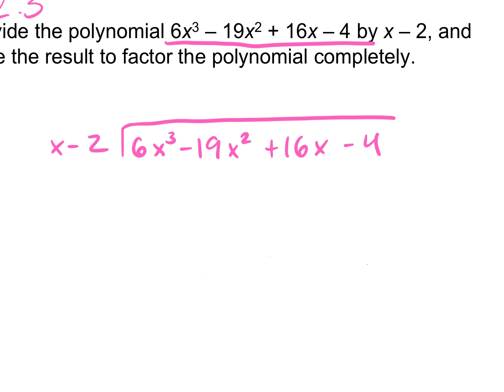There's 3 steps that we follow on repeat when doing long division. First one is dividing. We want to divide 6x cubed by x. So the first term gets divided by the first term. Step 1, divide. If I have 6x to the third power and I take one of the x's away, what am I left with?